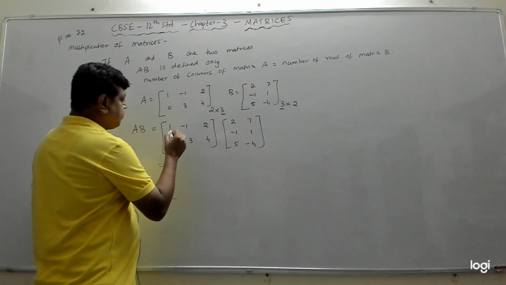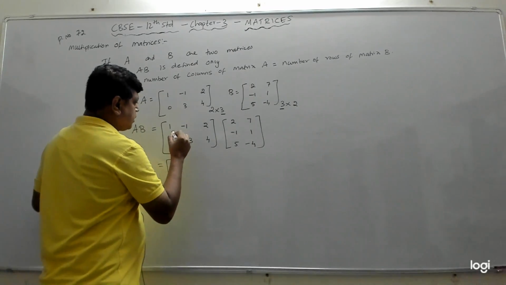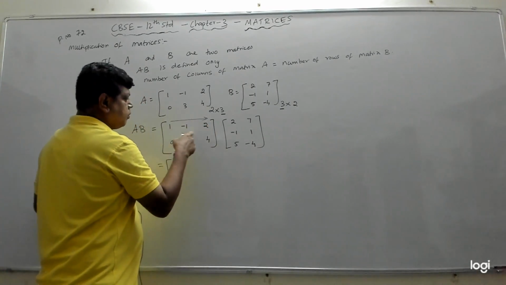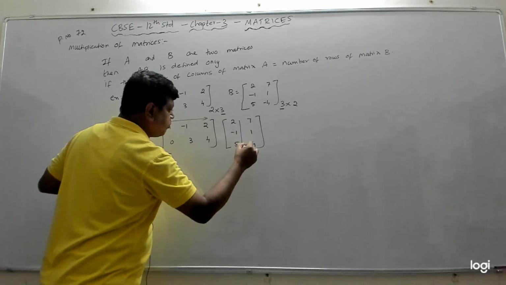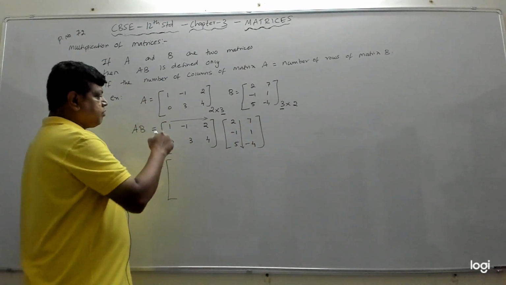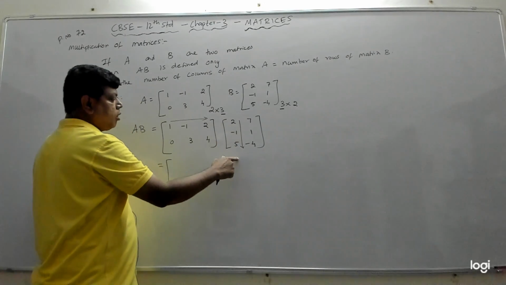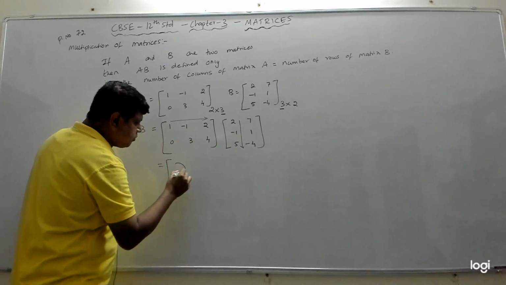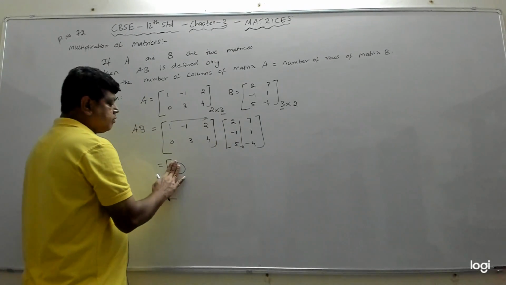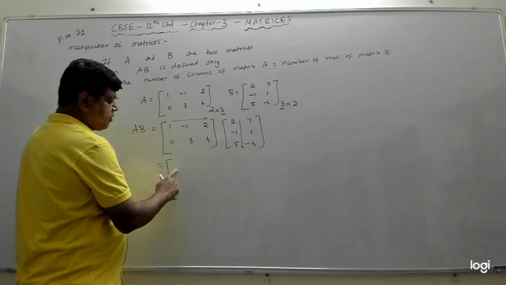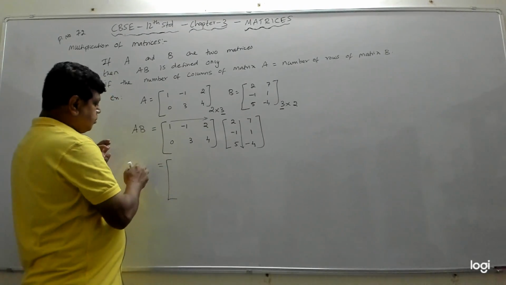We are going to take the first row of this matrix and multiply it with the first column to get the first element of the resultant matrix AB.